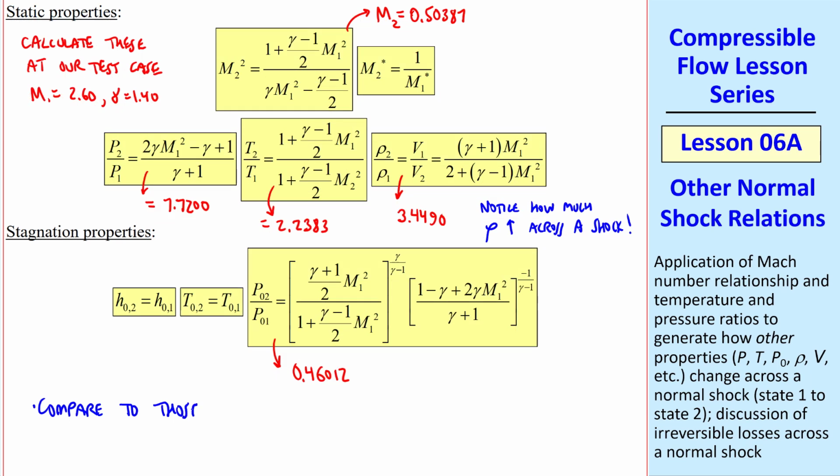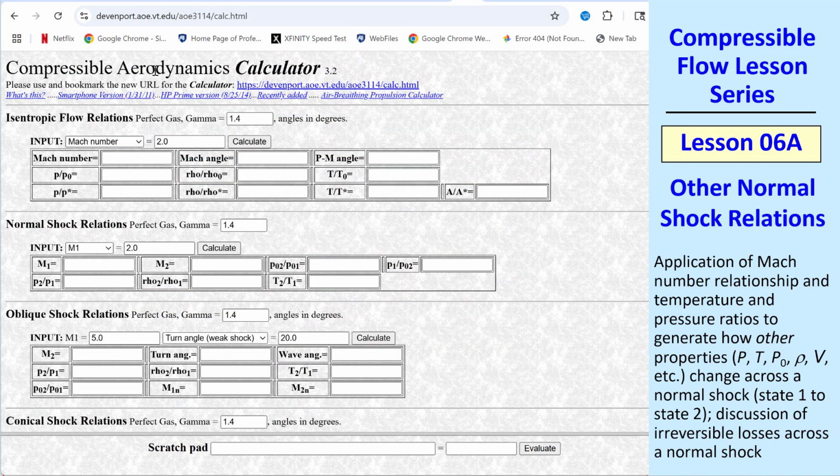Let's compare these results to those of the compressible aerodynamics calculator. Here's the online compressible aerodynamics calculator for the normal shock case with the default gamma of 1.4 and a Mach number 1 of 2.60.